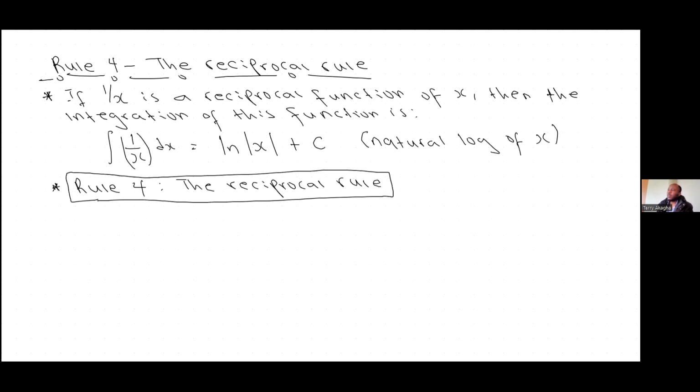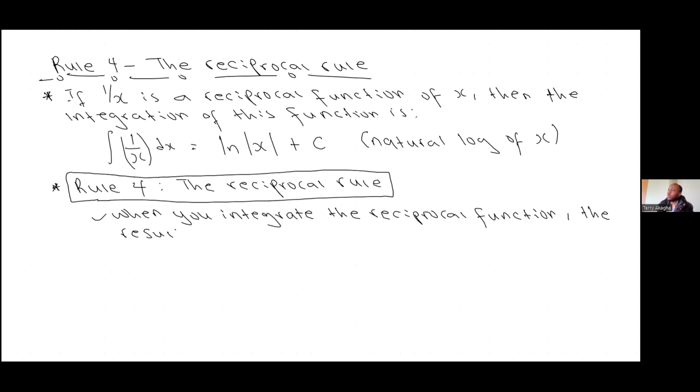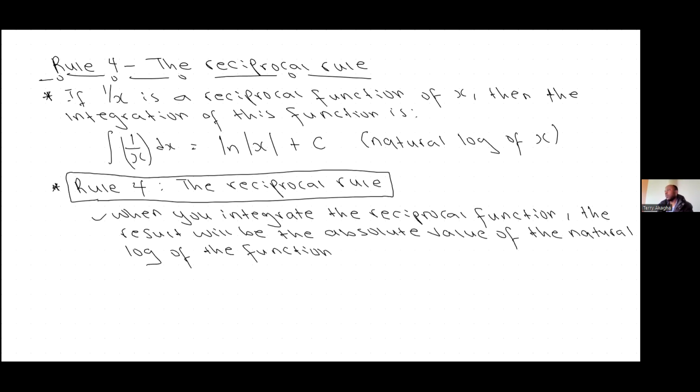It says that when you integrate the reciprocal function, the result will be the natural log of the absolute value of the function plus c, so plus the constant term.